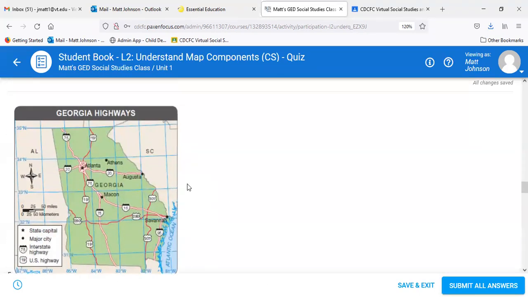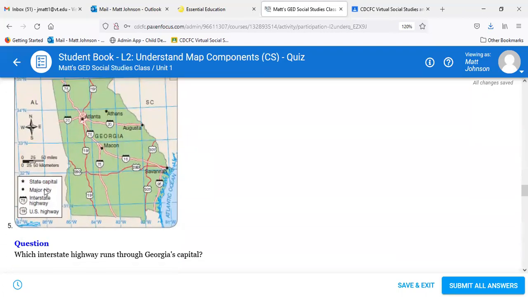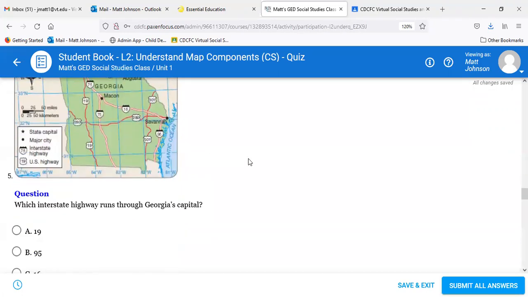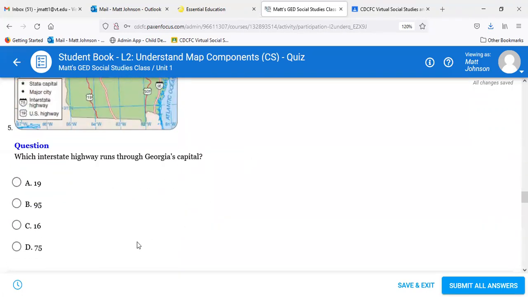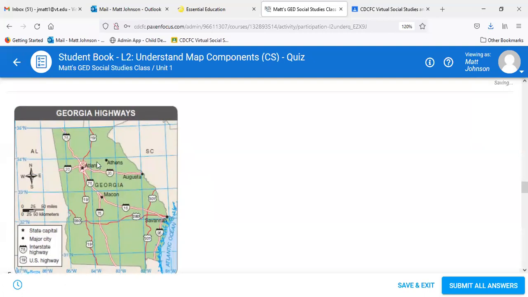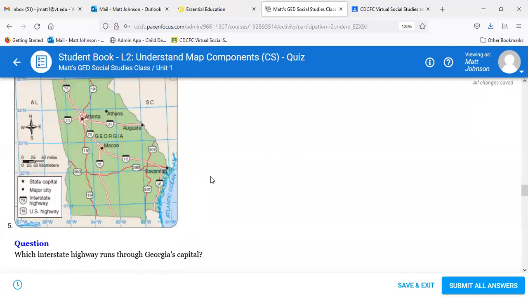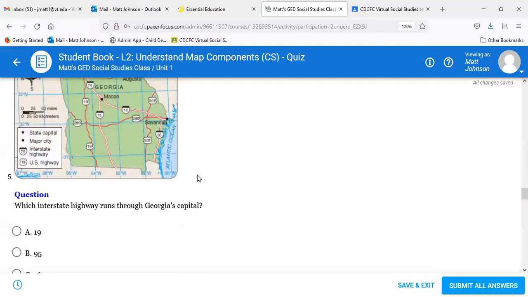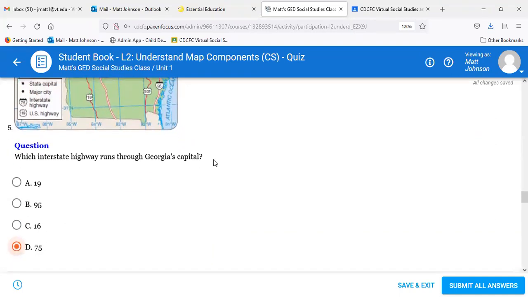Now we have a road map of Georgia with some interstates. Which interstate highway runs through Georgia's capital? D, I-75. And also I-85, which I think comes through here somewhere. I used to live outside of Atlanta, and everybody drives like maniacs down there.